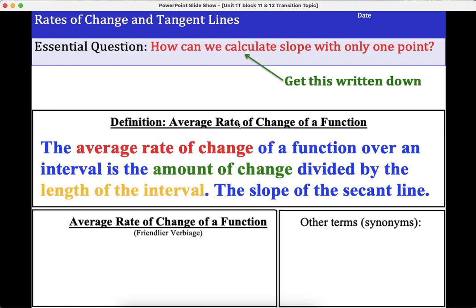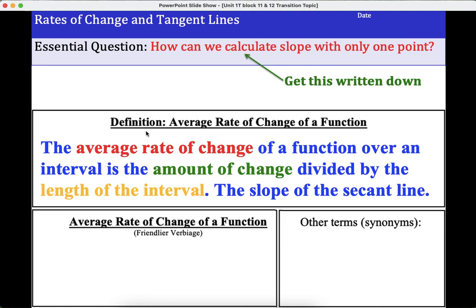We're familiar with rate of change as being rise over run, or y2 minus y1 over x2 minus x1, or f of b minus f of a over b minus a. Those are all ways we can calculate slope, but we're going to refer to the slope as rate of change. When we use that rise over run, we're calculating the average rate of change.